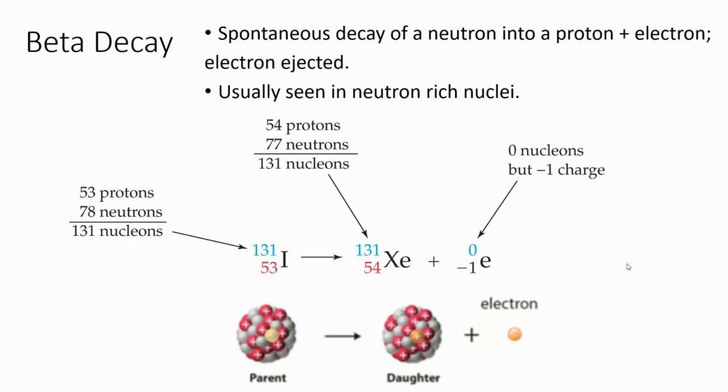The way that happens, we can think of very simply as this: a neutron, which we know to be neutral and about the same mass as a proton, does the following. The neutron essentially becomes a proton and an electron. That's very possible, at least from a theoretical perspective.